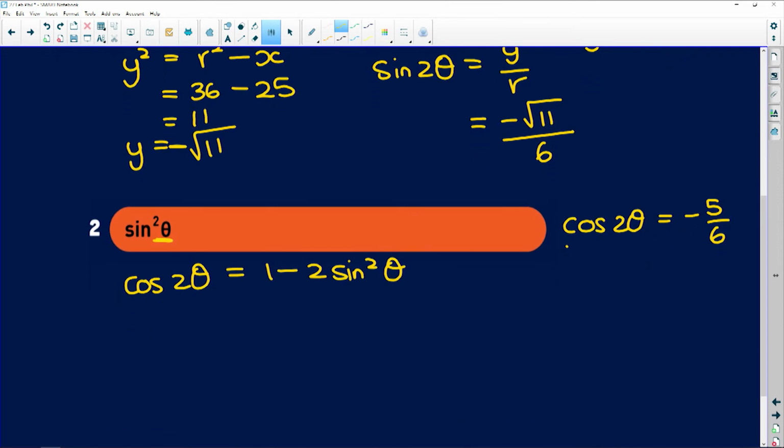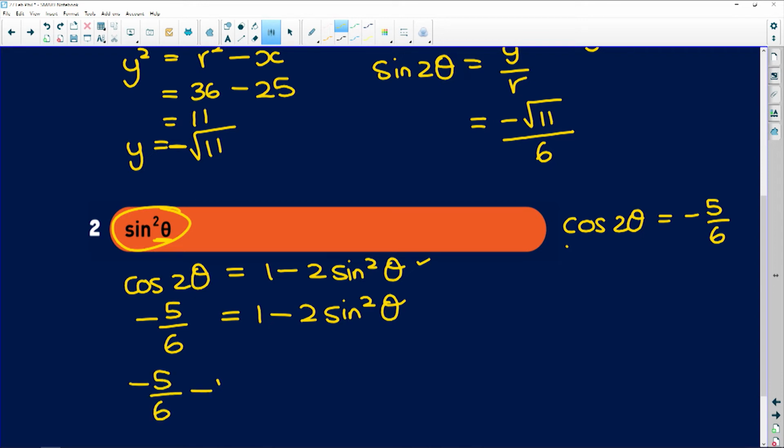It is one of the identities you get given. So we know that cos of 2 theta is negative 5 over 6, and we're trying to find sine squared of theta. So 1 minus 2 times what we're trying to find is negative 5 over 6. So that means that negative 5 over 6 minus 1 is equal to negative 2 sine squared of theta.